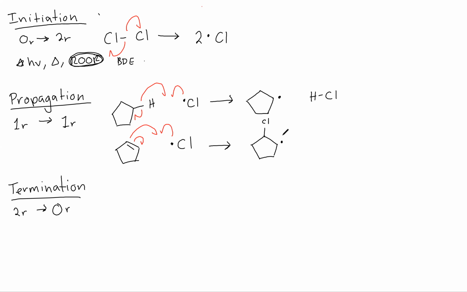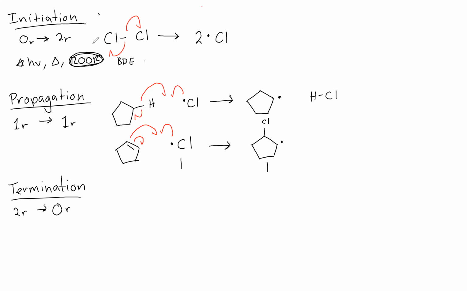Again, you're still starting with 1 radical and ending with 1 radical. The reason why I circled ROOR is because I'm going to come back to it later, because it's slightly different from light and heat. All right. So those are two examples of propagation.